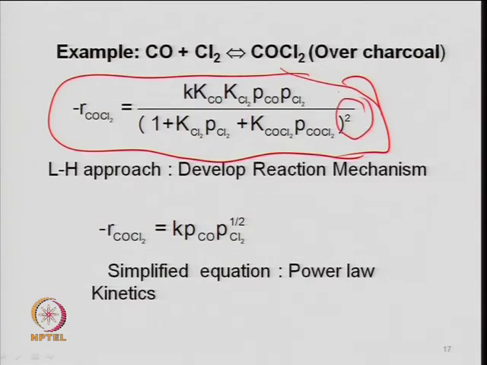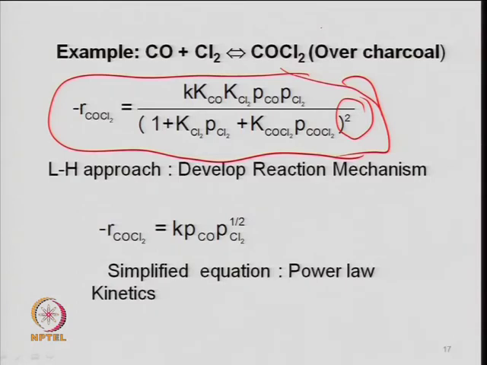As I said, one can first start with surface reaction as the rate controlling. Here you have to say CO is adsorbing, then chlorine is adsorbing on the surface, and then these two adsorbed species are reacting and forming this adsorbed species, and this adsorbed species finally desorbs.